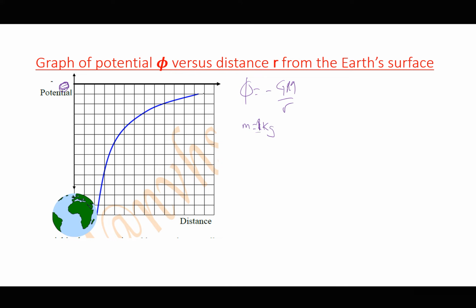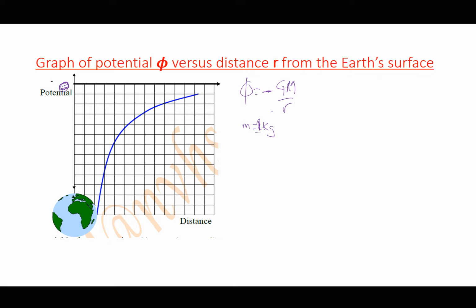When I bring this close to the Earth's surface, the potential becomes more negative because the potential decreases. It becomes less than 0. This graph must always be drawn below the x-axis, because the gravitational potential is negative.